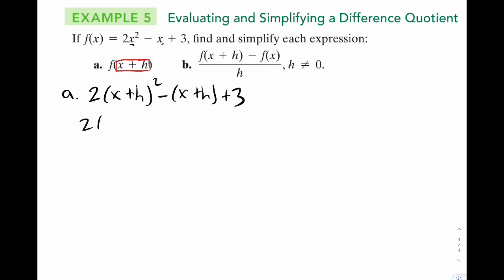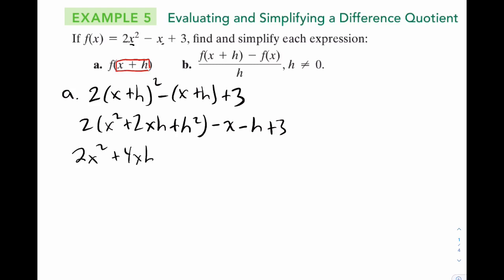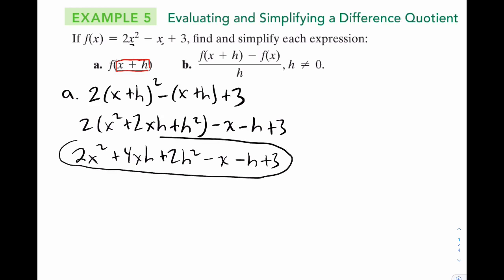Now keep going. 2x squared plus 2xh plus h squared minus x minus h plus 3. This would be 2x squared plus 4xh plus 2h squared minus x minus h plus 3. So pretty long. This can't be reduced any further, and you leave it like that.